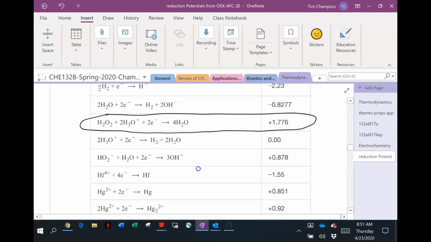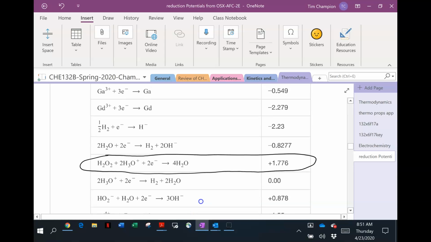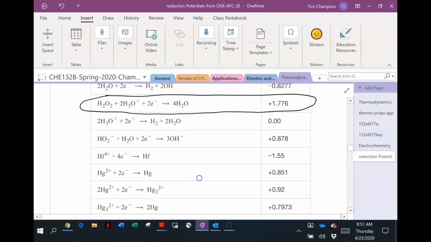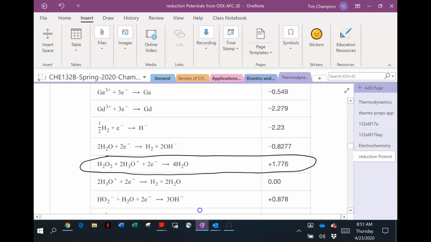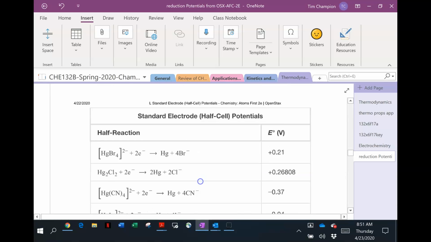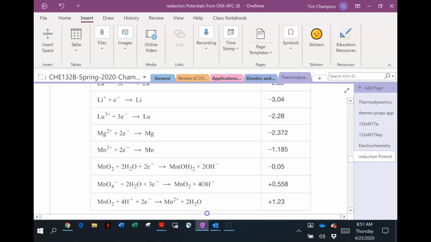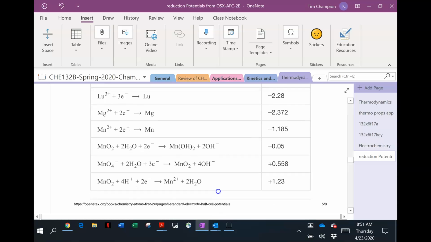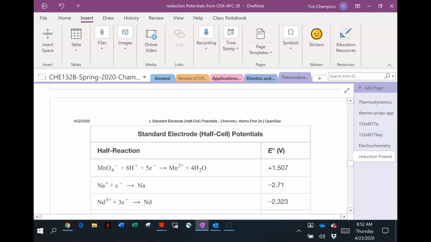That doesn't look like the one where we're producing oxygen, though, does it? Where we get O2 out of that. Okay, let's keep that in mind. Now we're looking for the permanganate value. Let's see. I'm looking for MnO4 minus going to Mn2+.